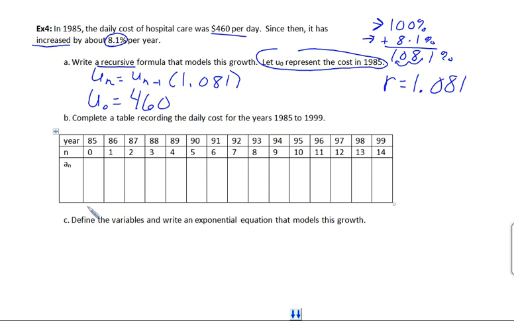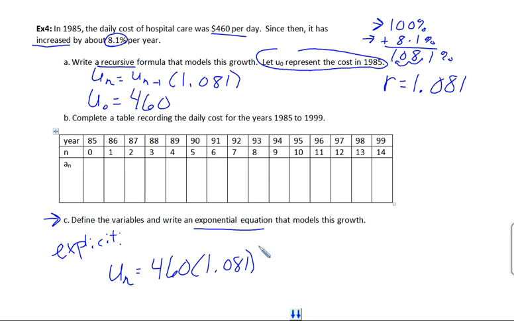Okay? I'm going to sneak down to creating the exponential equation. So what we're going to do is I'm going to write the explicit formula and show you how easy this is. So remember, explicit formula, my initial value, 460, times my common ratio, 1.081, to the n.